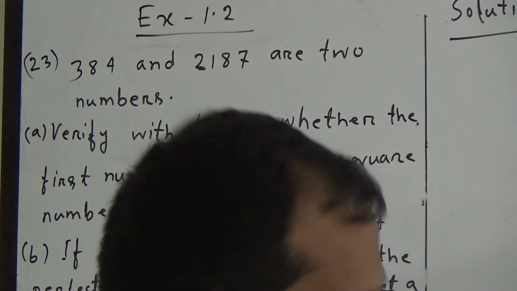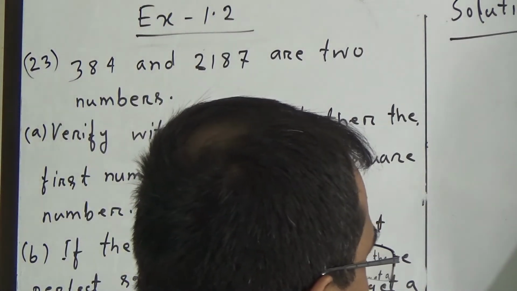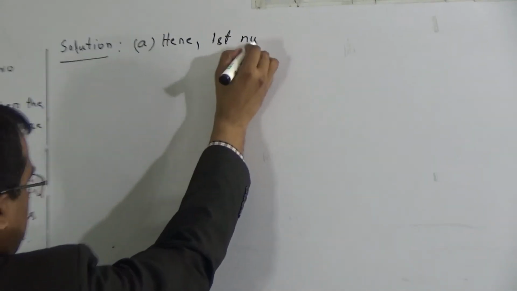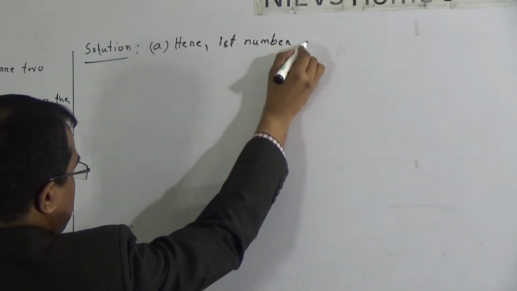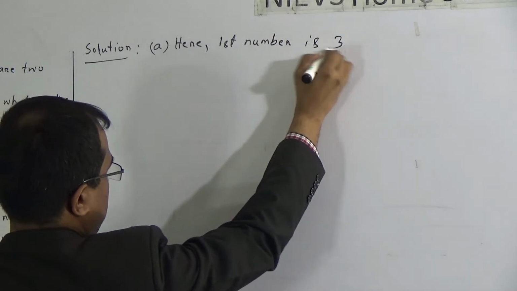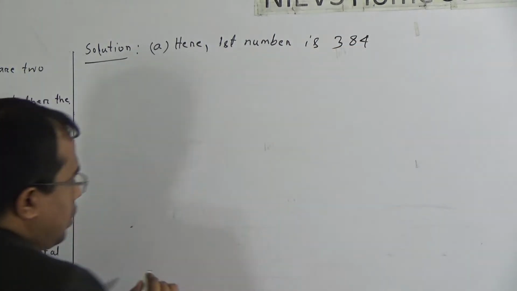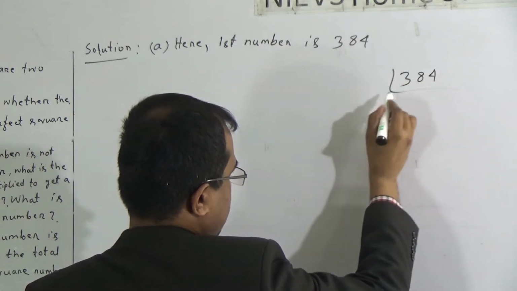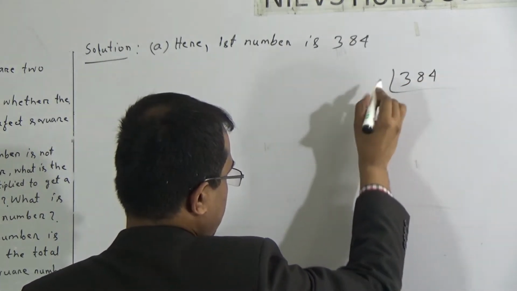Here first number is 384. Now in rough we'll find out its prime factors.